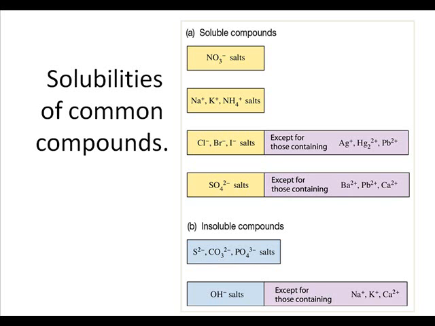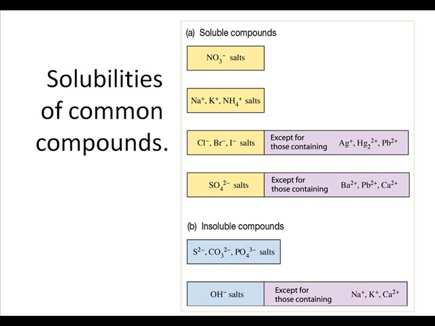So silver chloride, Ag plus, Cl minus, is going to form a precipitate. Pb plus 2I minus, that's the lead iodide. That is going to form a solid because that's an exception.